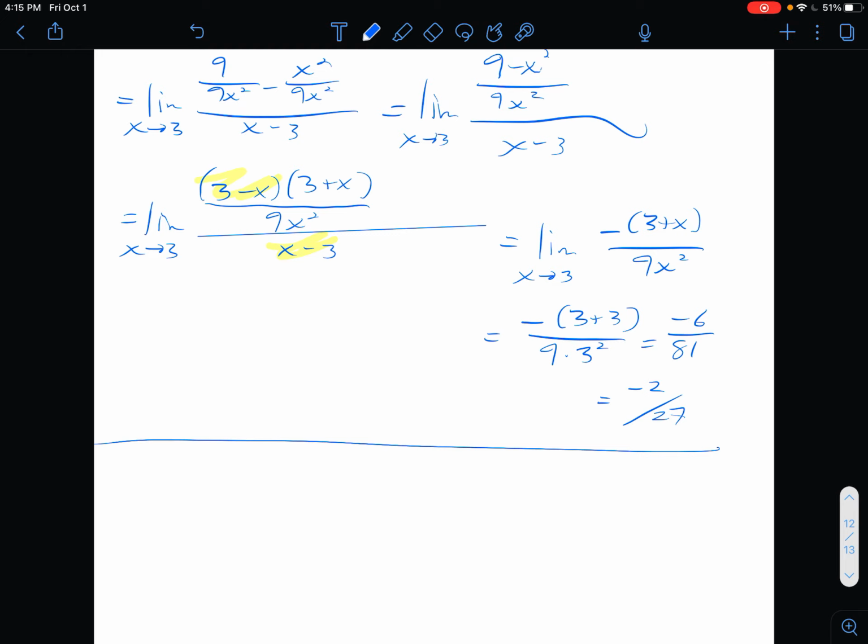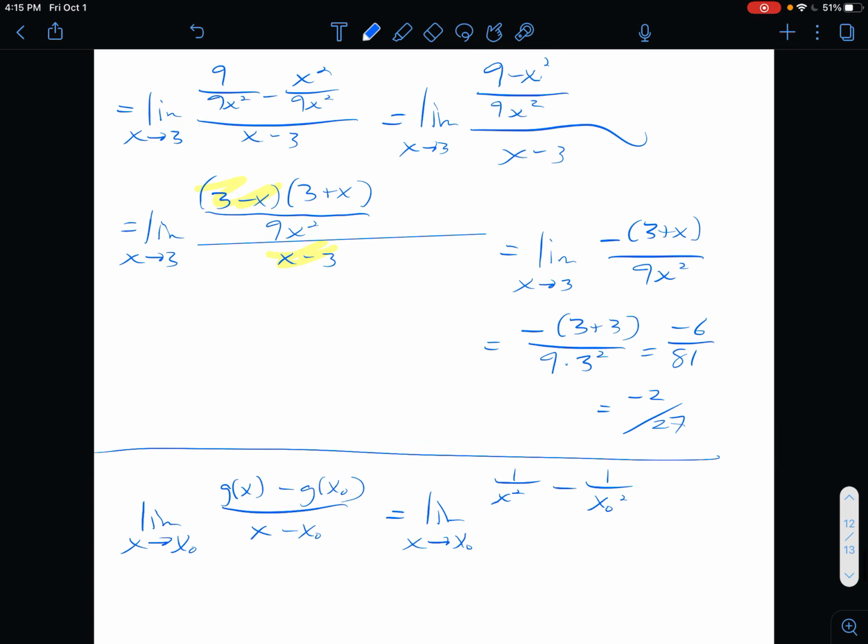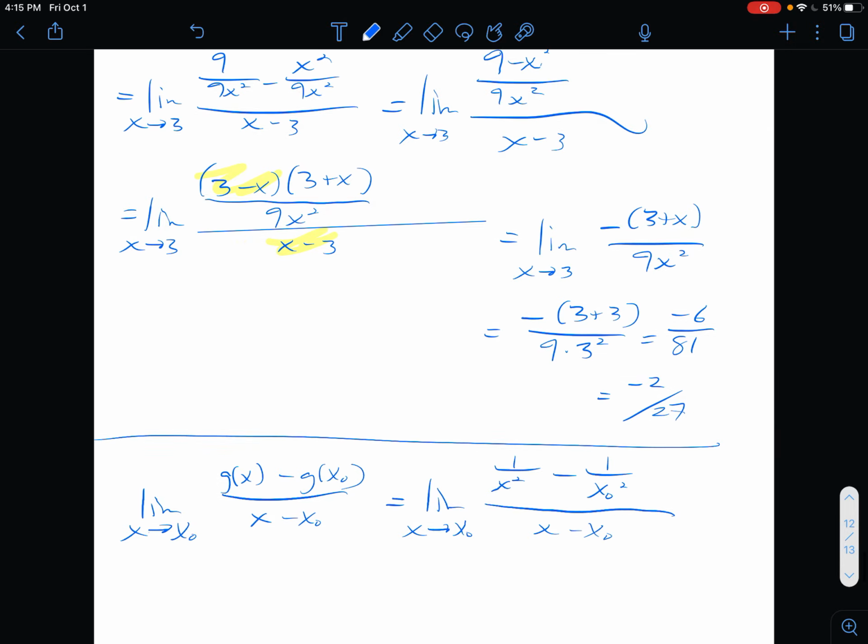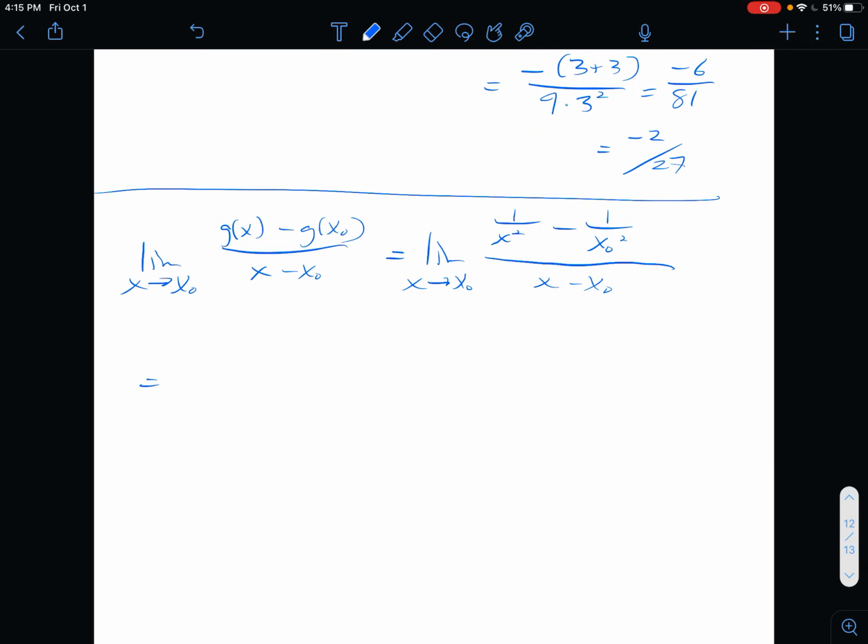I can do it again abstractly. Limit as x approaches x naught of g of x minus g of x naught over x minus x naught. That's 1 over x squared minus 1 over x naught squared over x minus x naught. Steps are very similar, just now with an unknown instead of the specific number 3.